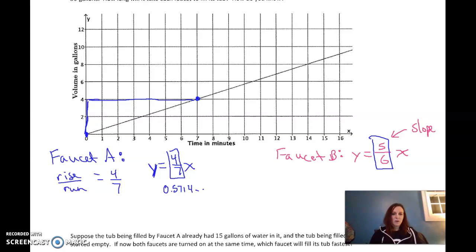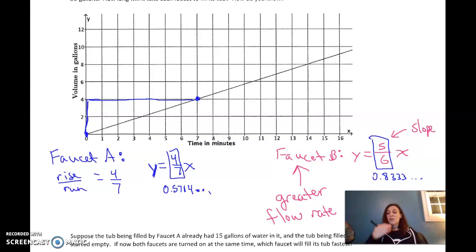And over here, 5 divided by 6 would be 0.8333, and so on. Which one's bigger? Faucet B. So faucet B has the greater flow rate, which means more water, so you are filling up the tub faster, because more water is coming out of the faucet.